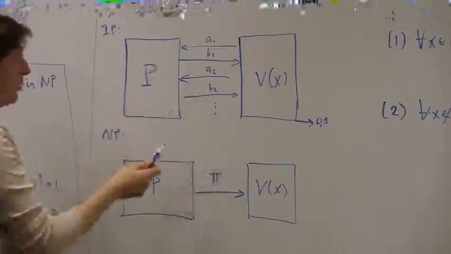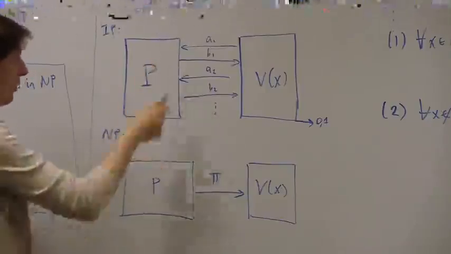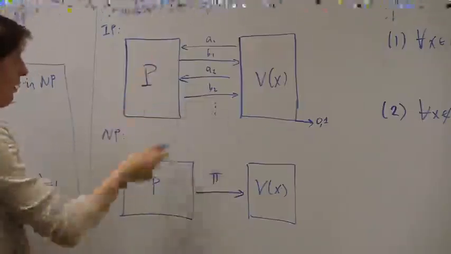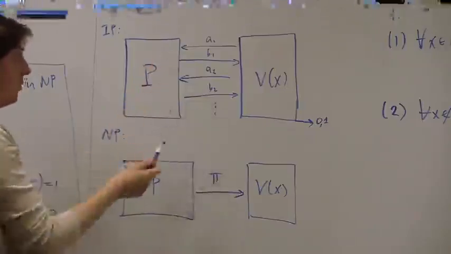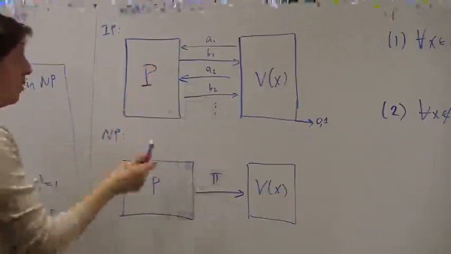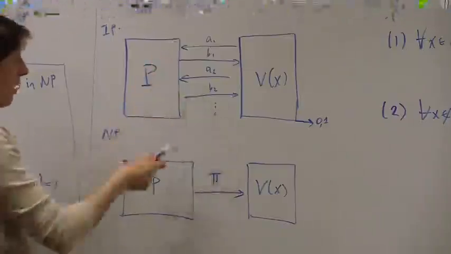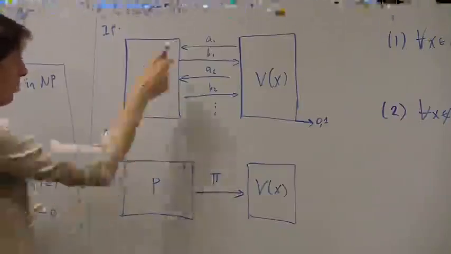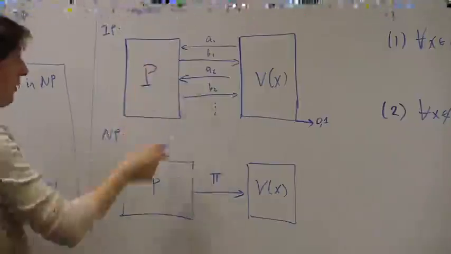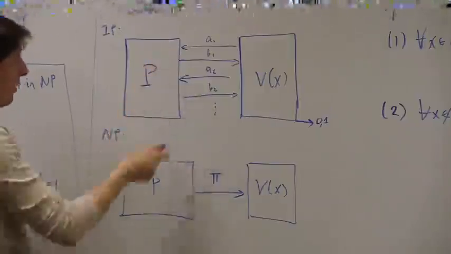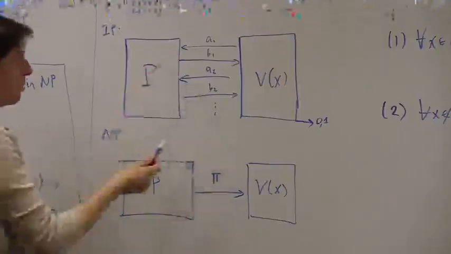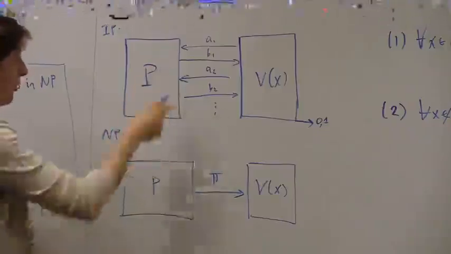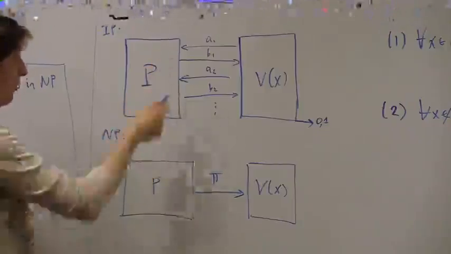So let's try to understand this question. Namely, are there languages or computational problems that do have interactive proofs, but for which we don't believe, or it is highly unlikely, that they have NP proofs? And intuitively, it feels like that should be the case, because as students, we have this strong intuition that learning from a textbook, for instance, studying by yourself, you can only go so far.